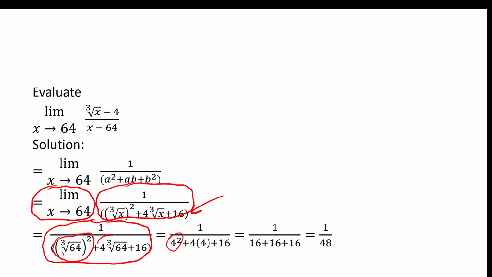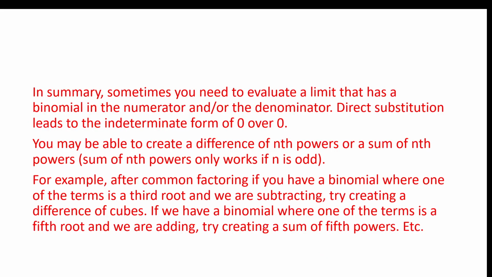And instead of saying 4 times the cube root of 64, we can say 4 times 4, and we still have that 16. So our bottom is 16 plus 16 plus 16, which is 1 over 48. And so we can answer the question, the limit as x goes to 64 of the cube root of x minus 4 over x minus 64 is actually equal to 1 over 48.